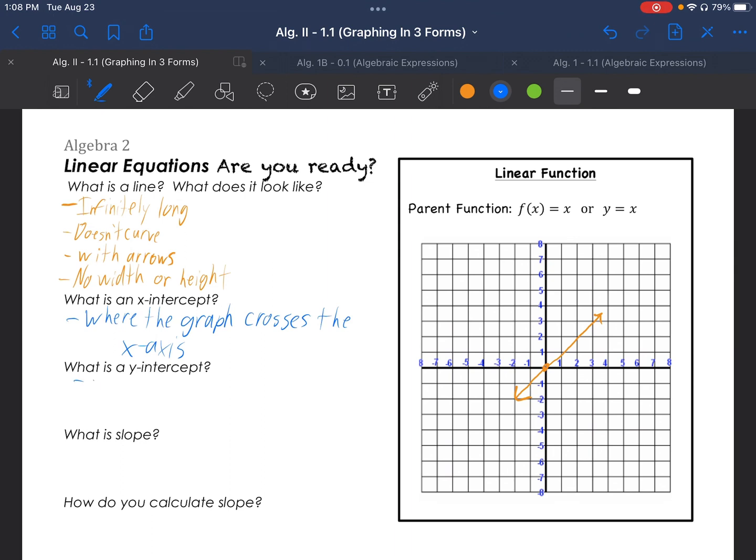The y-intercept, same idea, just with the y-axis. So where the graph crosses the y-axis, which is the one that goes up and down vertically. It's this axis, and it intersects it right there at the origin as well. Now I want to note that with both intercepts, starting with the x-intercept, if it's going to cross this line, it can't be up here. It also couldn't be down here, or here, or up here, or anything like that.